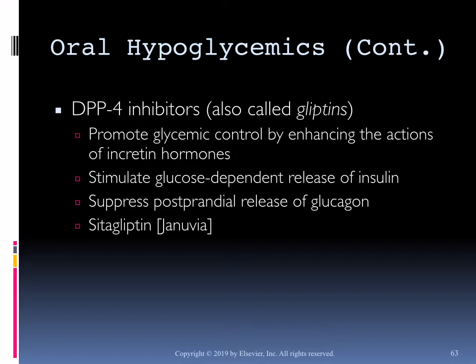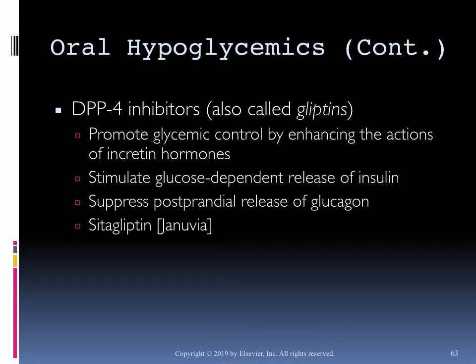It's a pregnancy category B, but it should be used with caution in persons who are breastfeeding. The most common adverse effects are nausea, vomiting, respiratory infection, allergic reaction, and pancreatitis has also been reported.